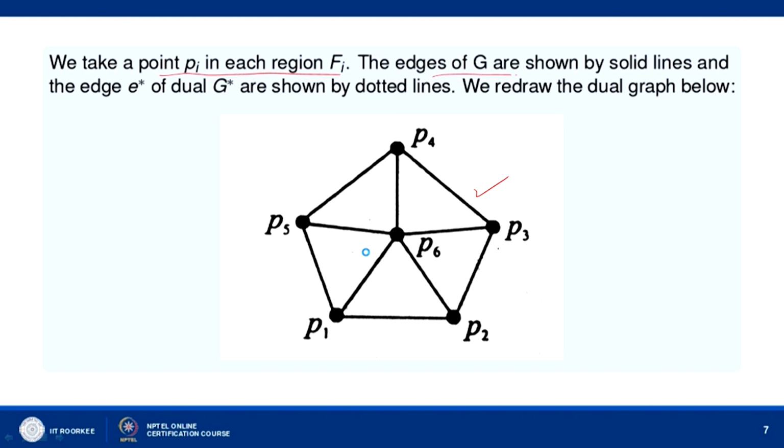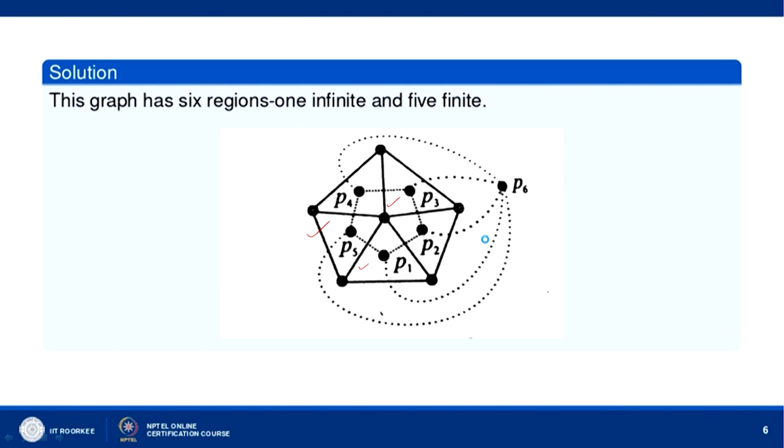You can see we have taken this P6 inside this, and P6 is then joined to P3. So, P6 we have brought here. Inside this we have P4, P3, P5, P2, P1.